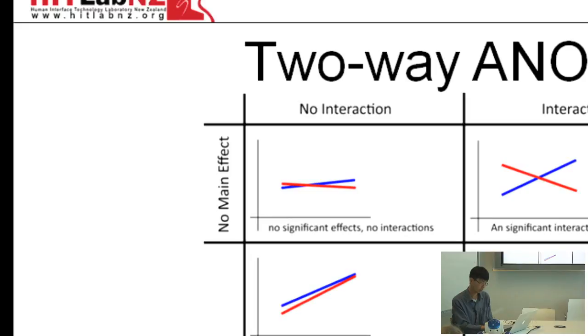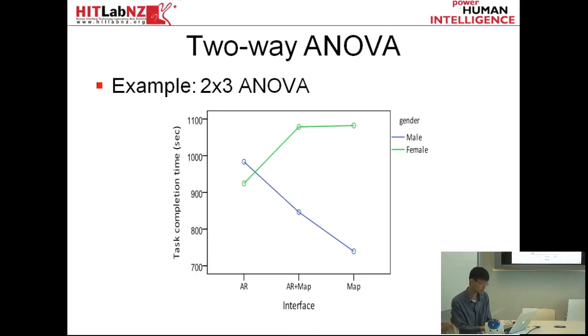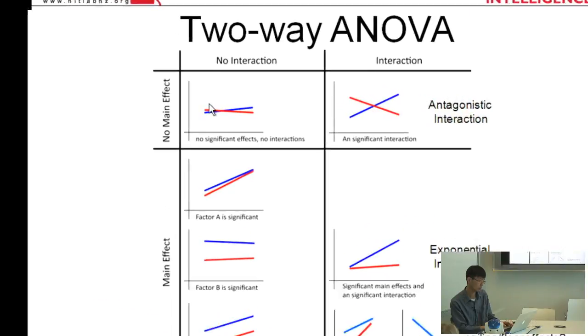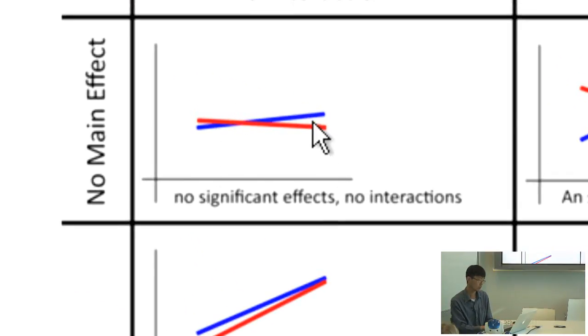Recalling this graph here, if you have two independent variables, the way people typically draw a graph is you separate one of the independent variables into different lines. Like here, the gender is different lines, and the type of interface is on the x-axis. If you think of whether there is a difference between the red line and the blue line, they are quite close to each other. So the p-value might print out a very high number, not having a difference between the red line and the blue line.